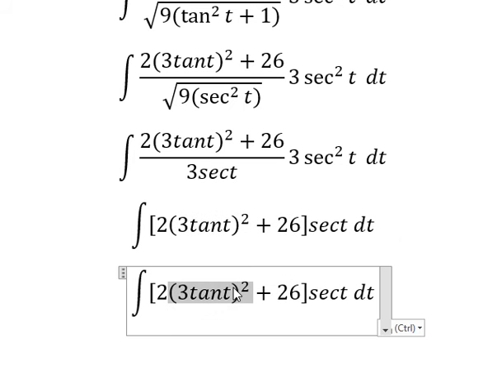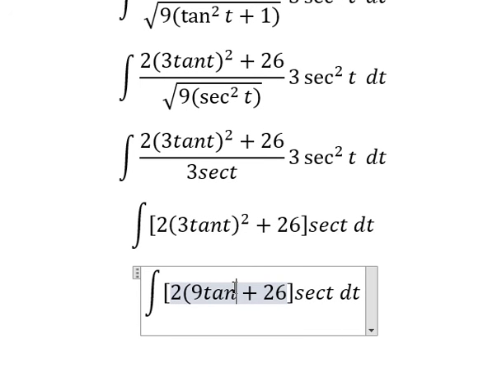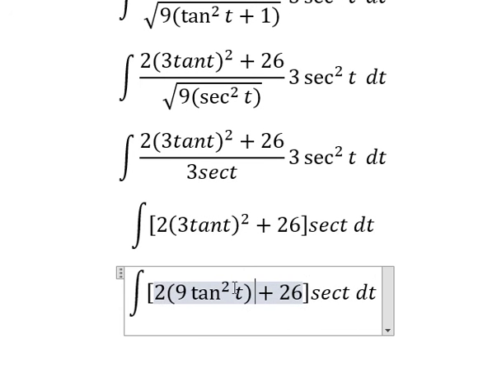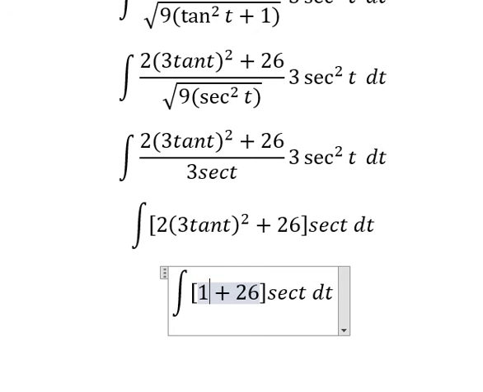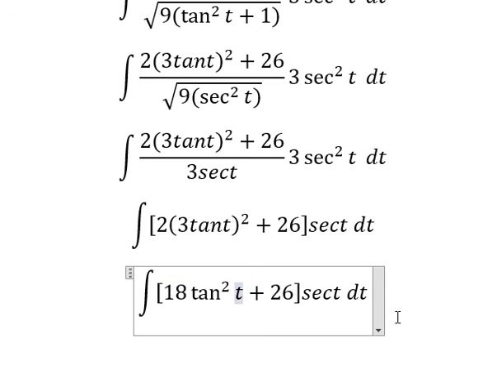Now we need to expand this one. Number 2 and number 9 you get 18. So secant t multiplied by tan squared t and number 26.